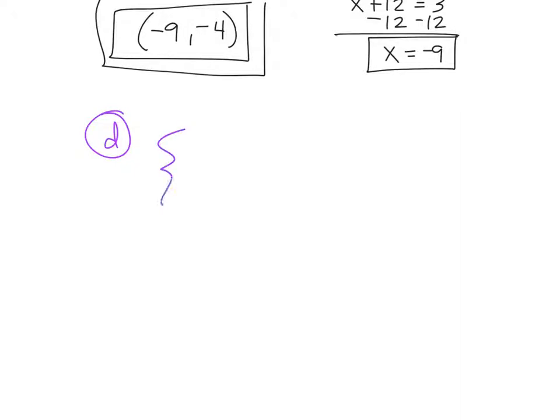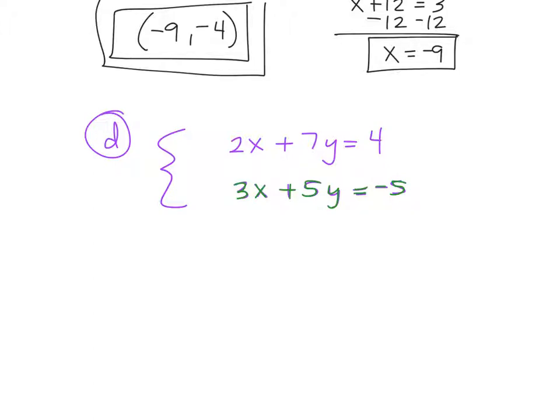So for this system, we have 2x plus 7y equals 4, and 3x plus 5y equals -5. I didn't change colors, sorry. Okay, this is pretty much as hard as they get, where you have to do what we're gonna do right here.